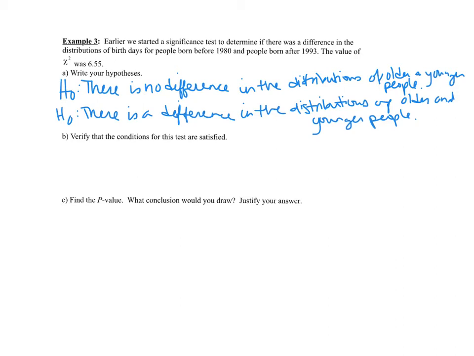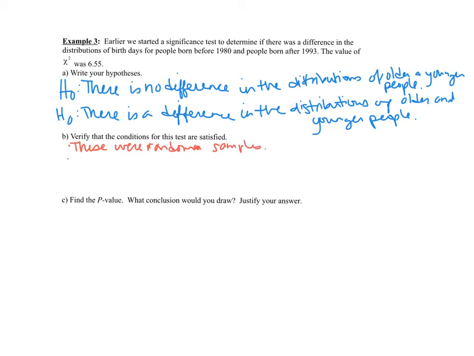Okay, so second thing is going to be the conditions. And these were both random samples. Make sure that you are clear that they were 2 random samples. They were 2 separate samples. The second thing is going to be the same.